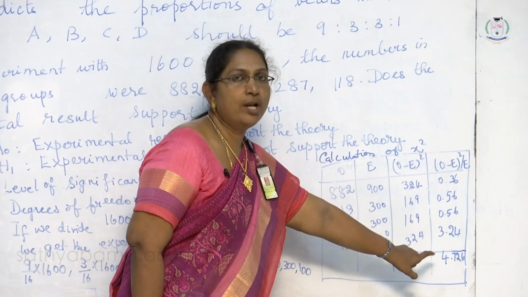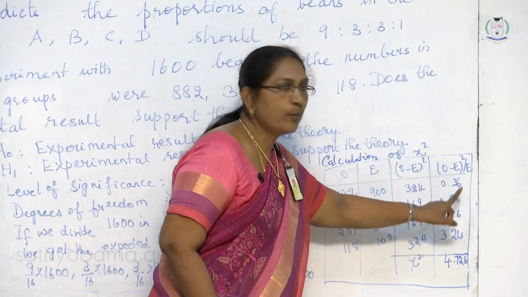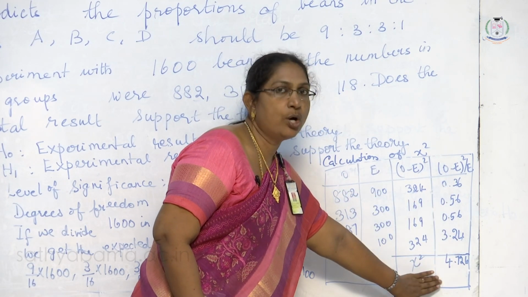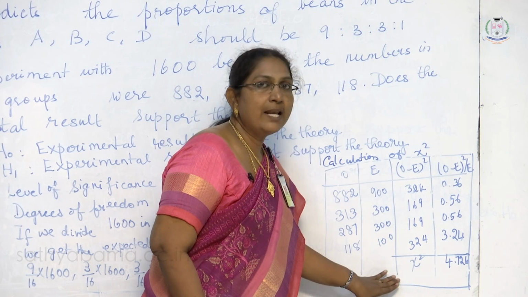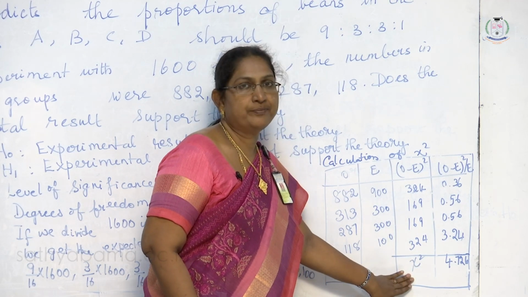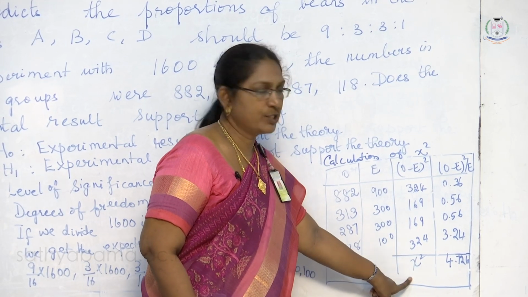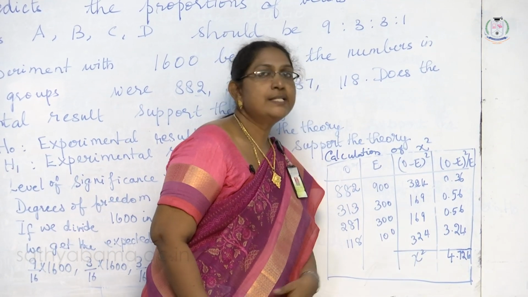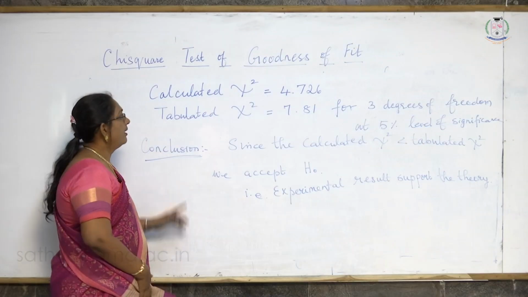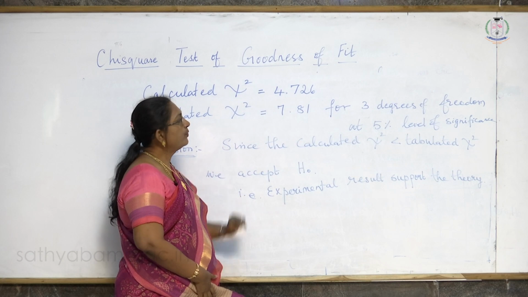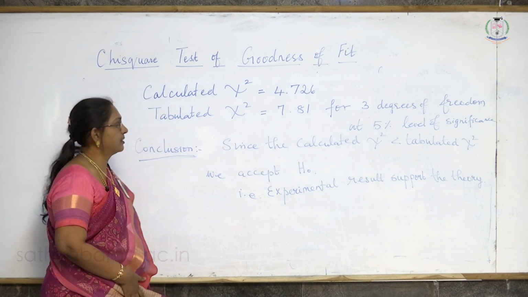Then the last column will be O minus E the whole square by E column, and the total of the last column gives you the calculated value of chi-square. So, for this particular problem, the calculated value of chi-square is 4.726.